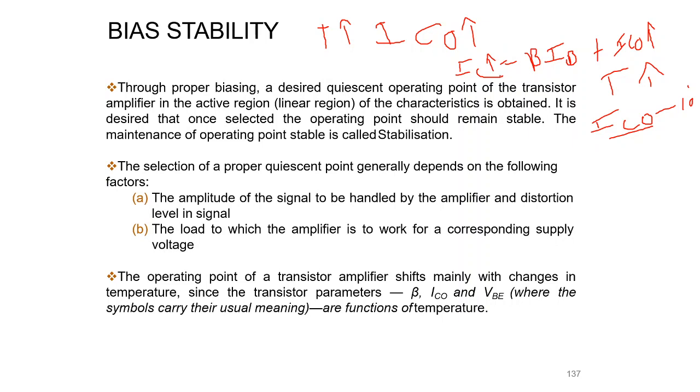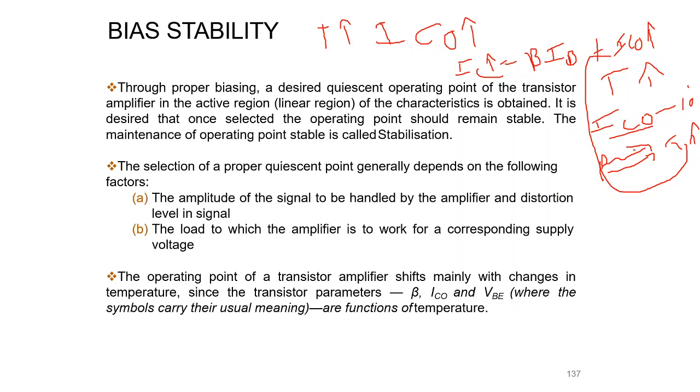Whenever the IC current across the reverse bias junction increases, indirectly the power dissipation increases.